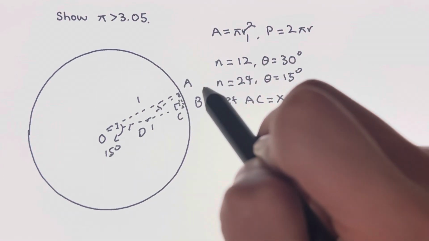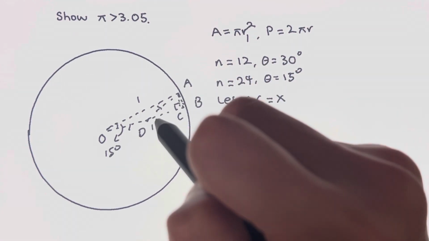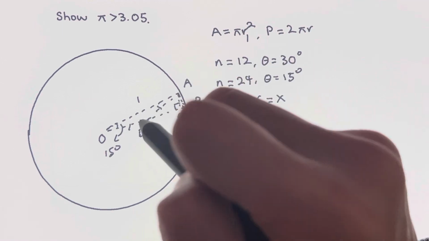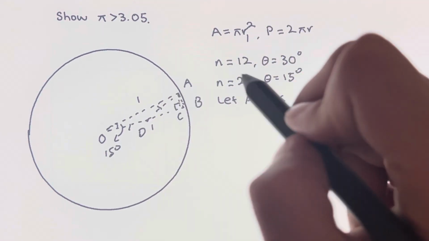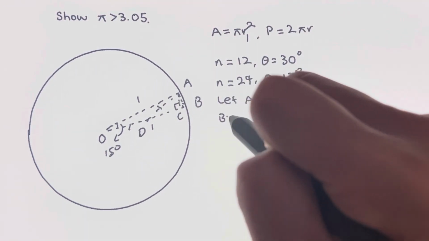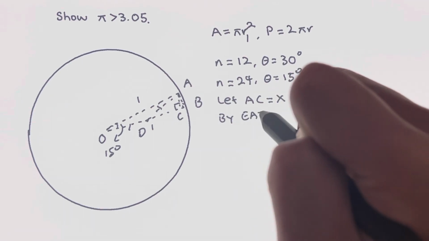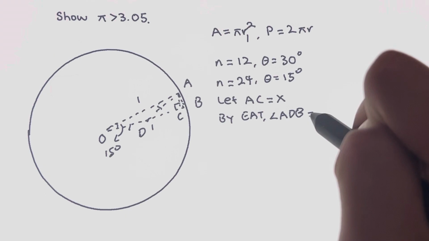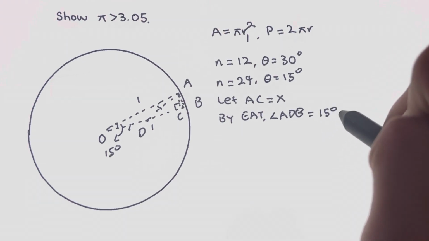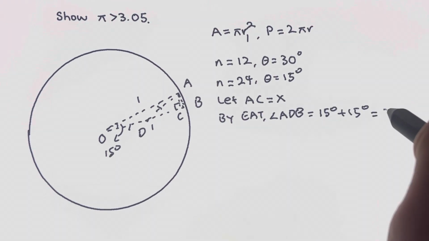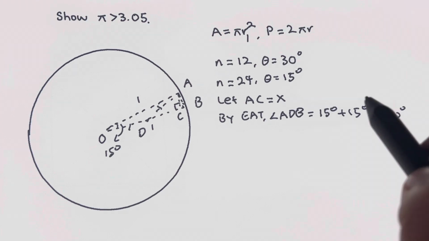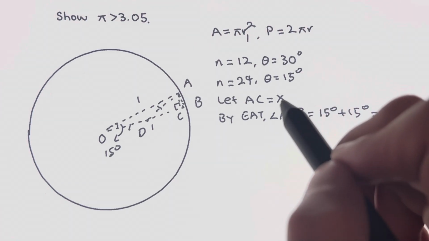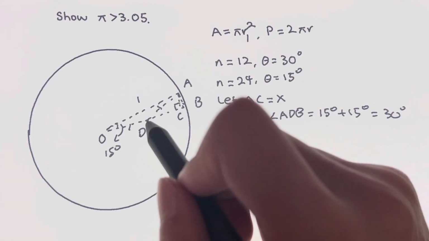With isosceles triangle AOD, that means angle AOD equals angle OAD, 15 degrees. So by the exterior angle theorem, you know that angle ADC equals 15 degrees plus 15 degrees, which equals 30 degrees. So now we have a 30-60-90 right triangle in ACD.